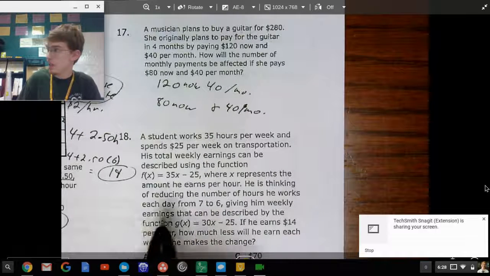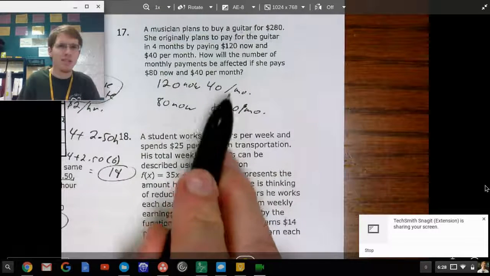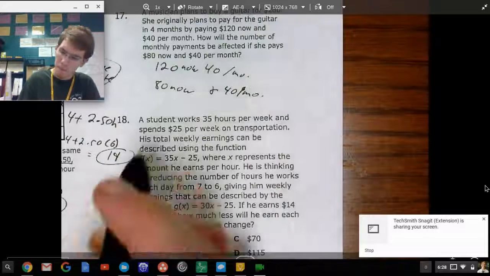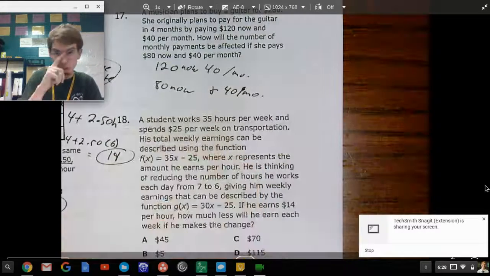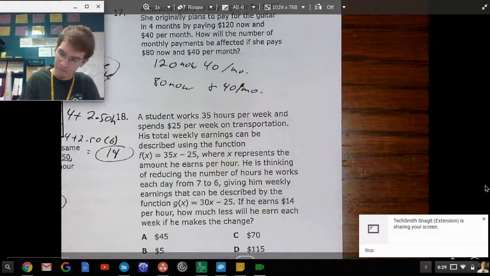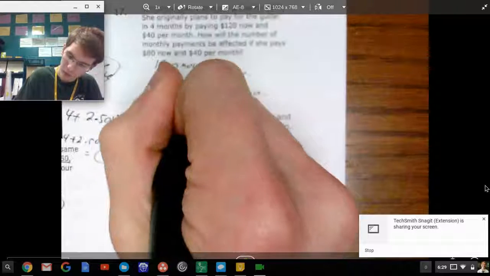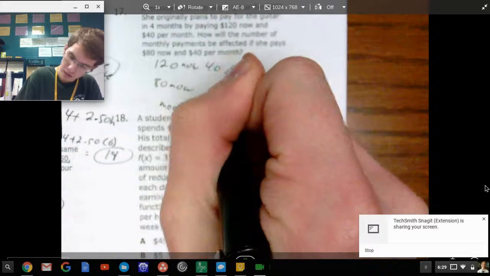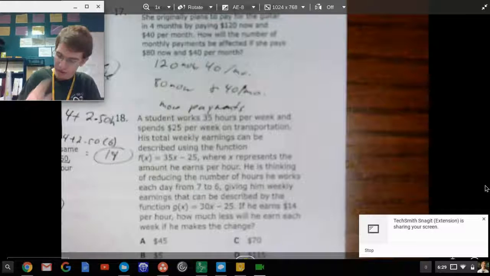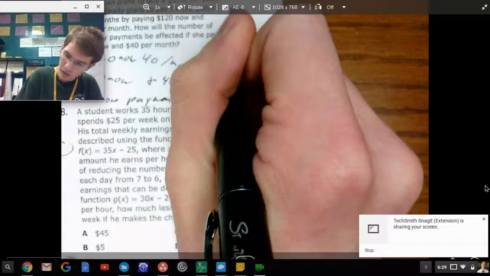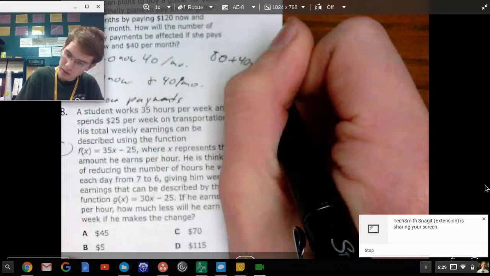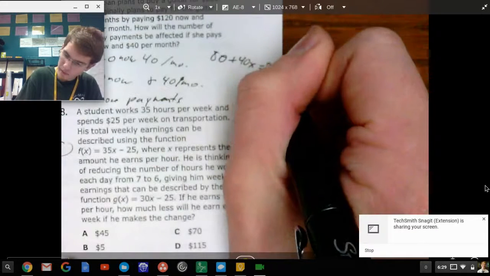I don't know about you, but I noticed this immediately. They're still making the same amount for the payments. So it looks like they're actually going to pay less now. So they're going to have more payments. And if you actually work this out, $80 plus $40 a month, when is that going to be $280?